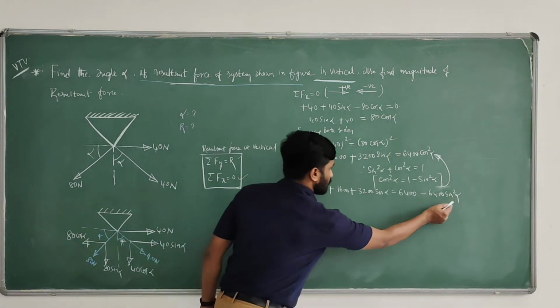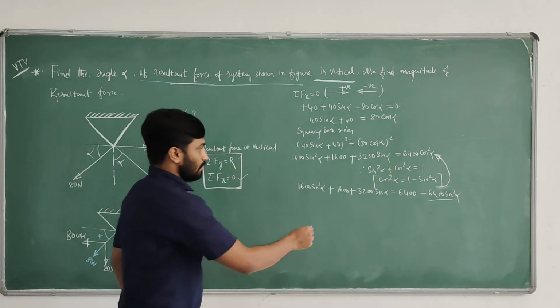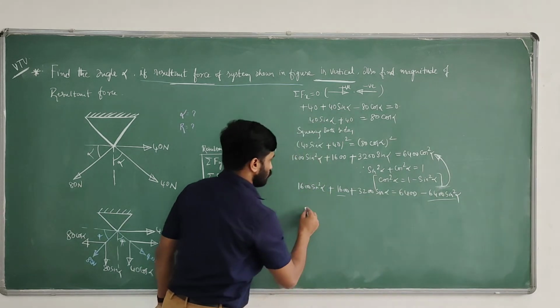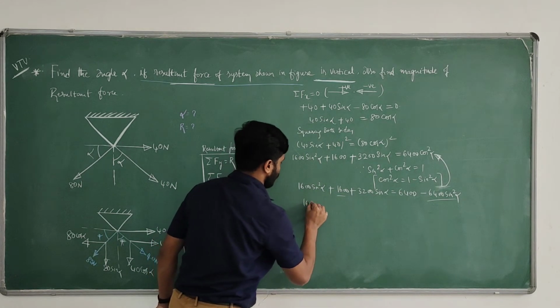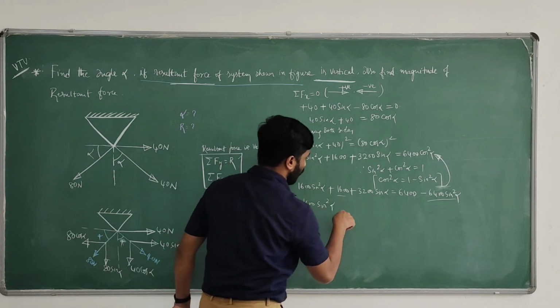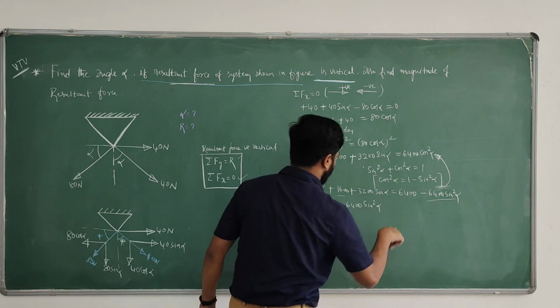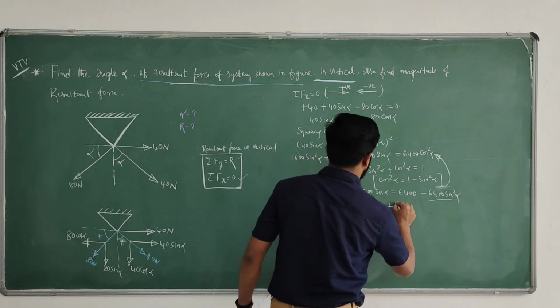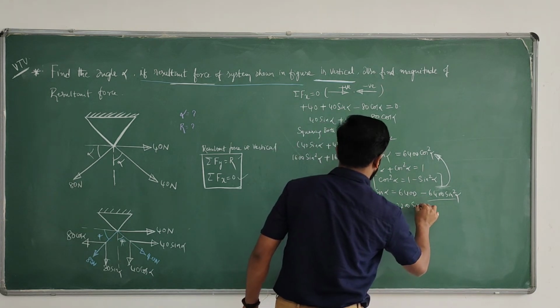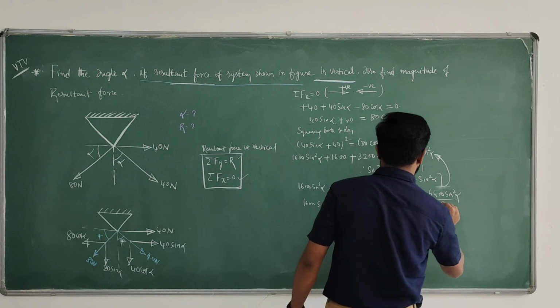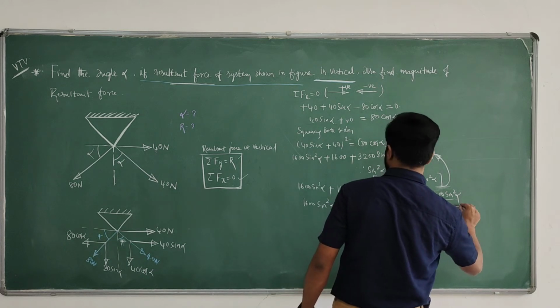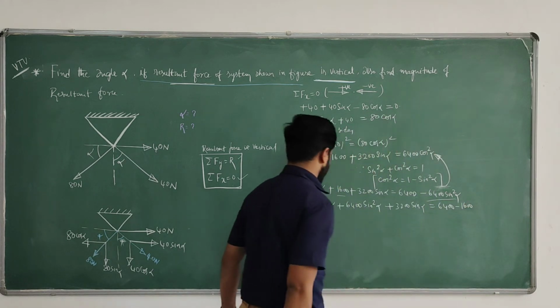Now you take this term on the left side and this value on the right side. So you are getting 1600 sin square alpha plus 6400 sin square alpha plus 3200 sin alpha equals 6400 minus 1600.